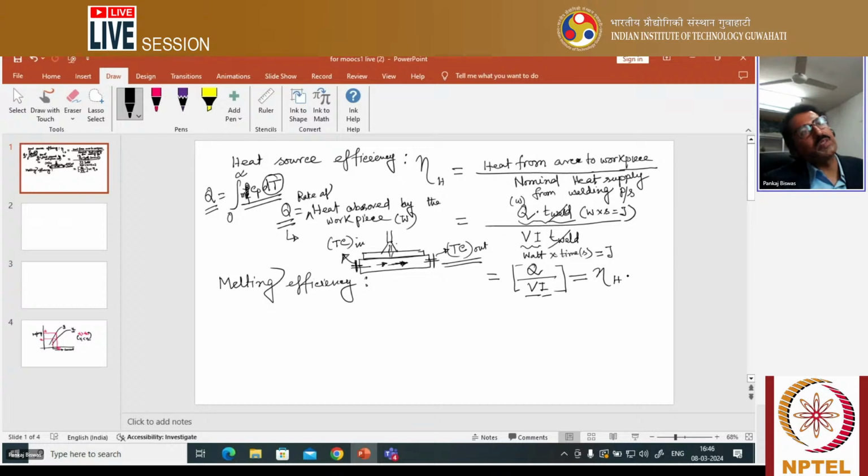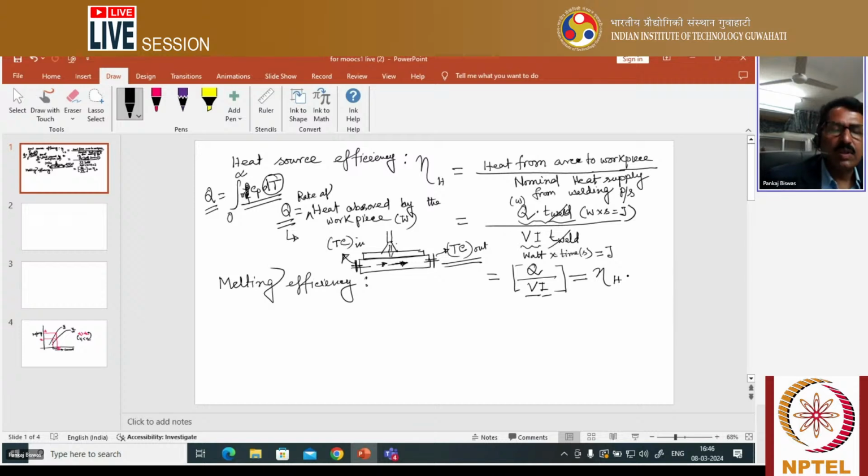If the surface is shiny, then due to reflection more heat loss will take place and less heat will be absorbed. What I'm telling, understand? So if we can increase the absorbability of this workpiece, then we can increase the laser heat source efficiency. That I have explained also.